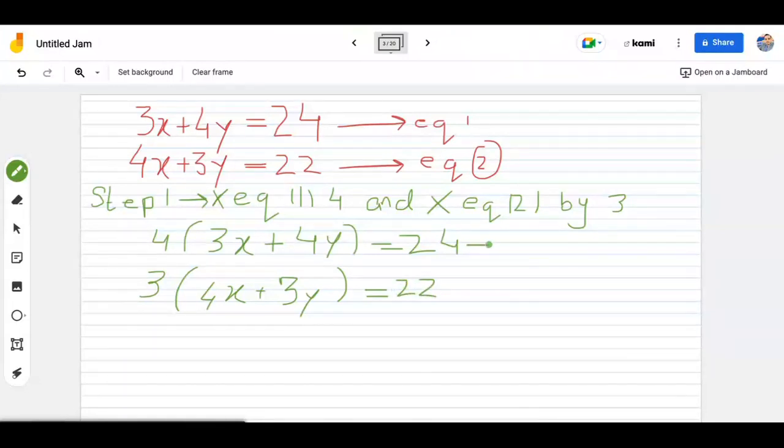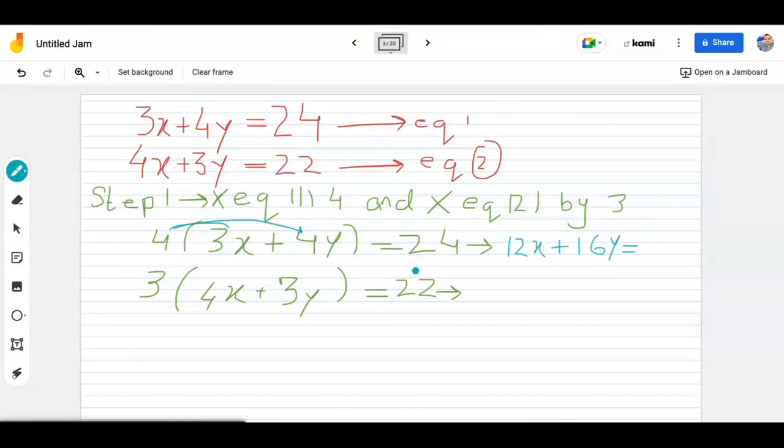Now we can write the answers over here. I will change the color so we can easily identify the new equations. So 4 times 3 and then 4 times 4. 4 times 3 is 12x, and 4 times 4 is plus 16y.